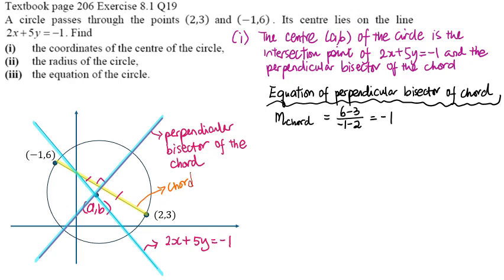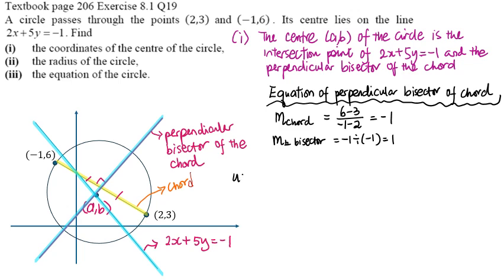which is (y2 - y1) over (x2 - x1), which gives you -1. Because your chord and your perpendicular bisector are perpendicular to each other, the gradient of your perpendicular bisector will be -1 divided by -1, which gives you 1.